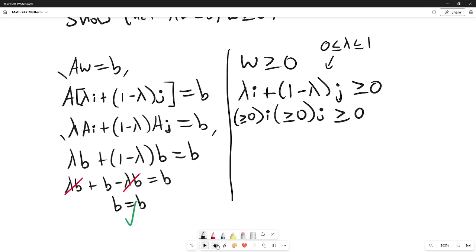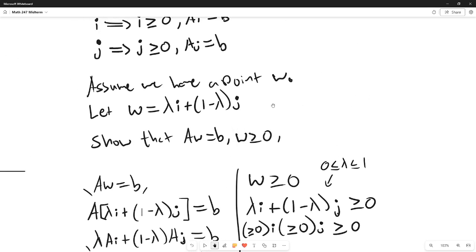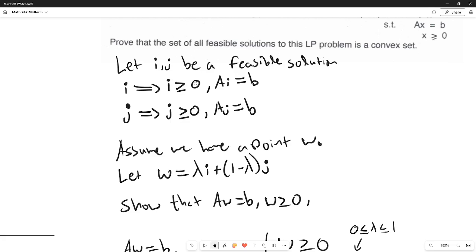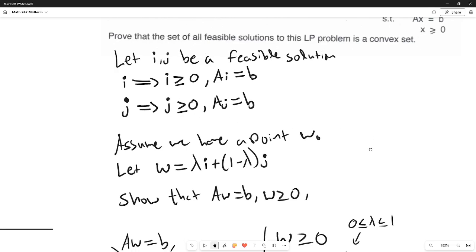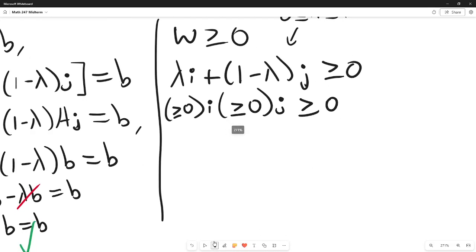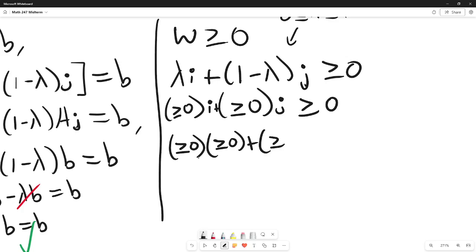Okay. And now from this, if you refer back to the definitions we put up here, we said that I is greater than or equal to 0, and J is greater than or equal to 0. So if we go over here, we would have some value that is greater than or equal to 0 times some value that is greater than or equal to 0, plus some value that is greater than or equal to 0 times some value that is greater than or equal to 0, must be greater than or equal to 0.